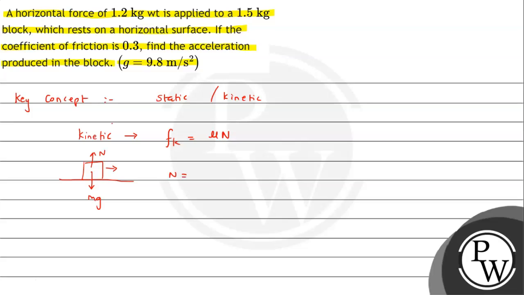As there is no motion along the vertical, n will be equal to mg. So the kinetic friction formula can be written as mu into mg, right? अब ये जो friction का force होता है, ये जो external force है जो body को चला रहा है, friction force उसे oppose करता है, right? So it will be acting in this direction, Fk हम कहेंगे, right? This is the thing about kinetic friction.